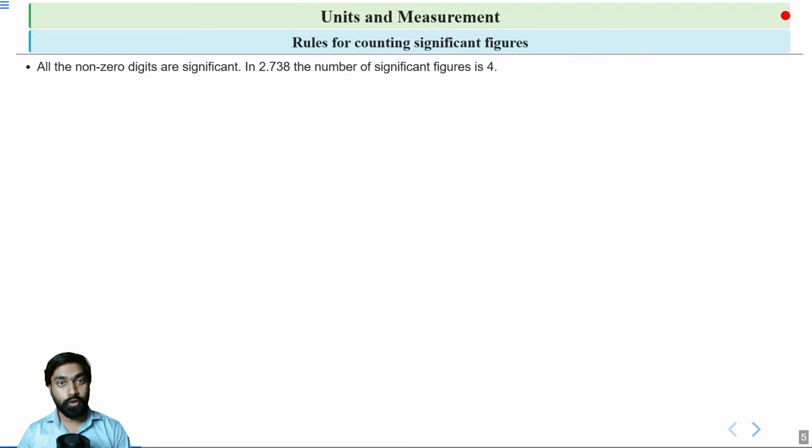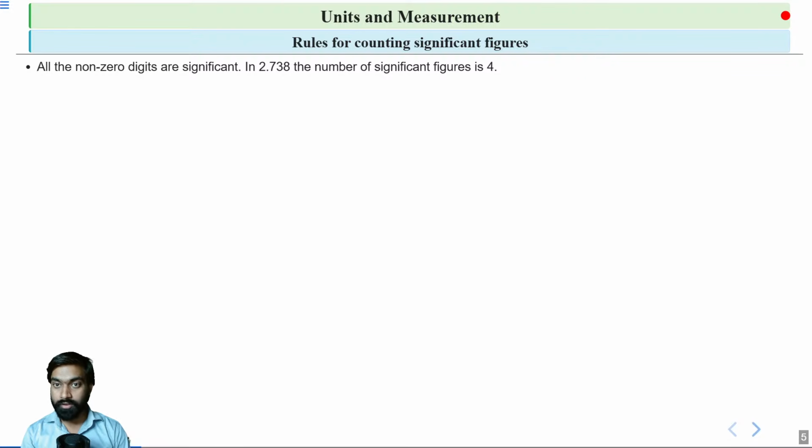Now let's see the rules for counting significant figures, and this is very important for the exam. Whenever we count significant figures, the basic rule is that all non-zero digits are always significant. This means that all digits from 1 to 9 are counted.